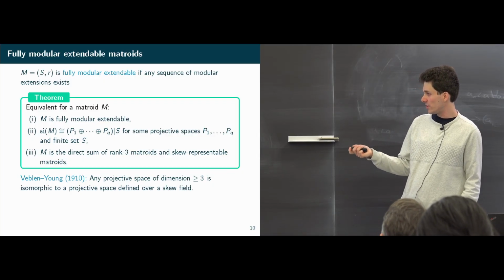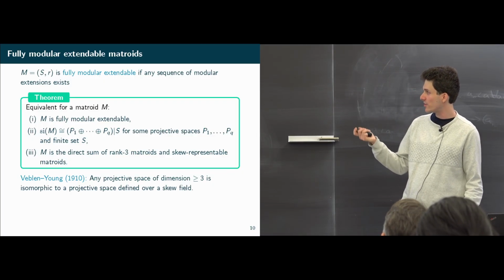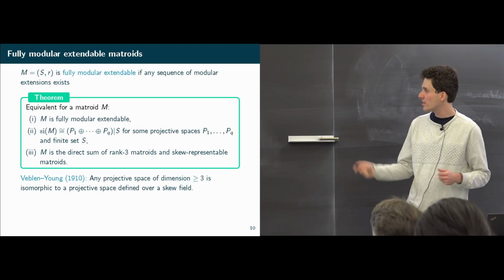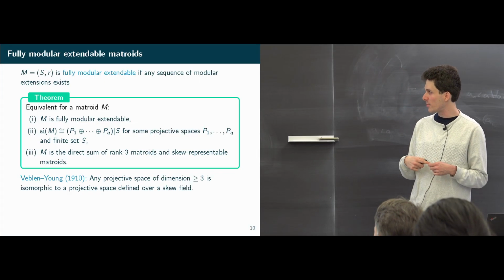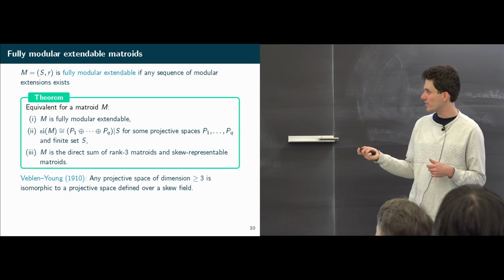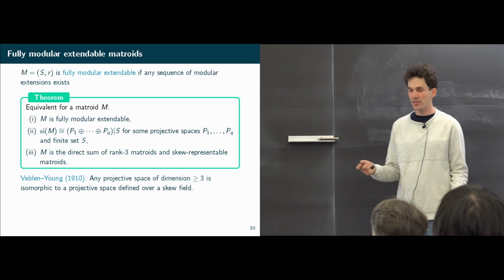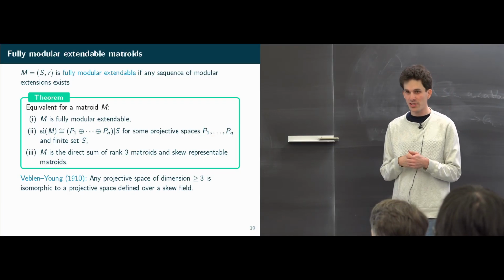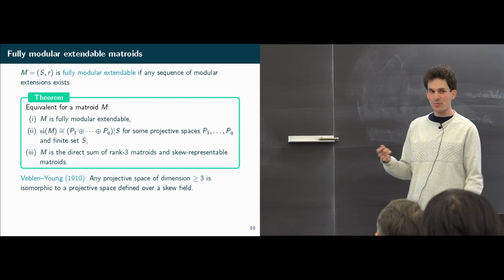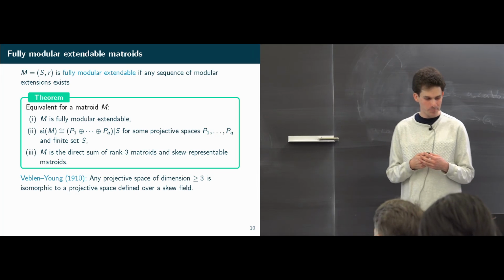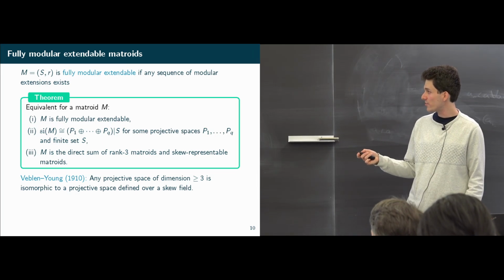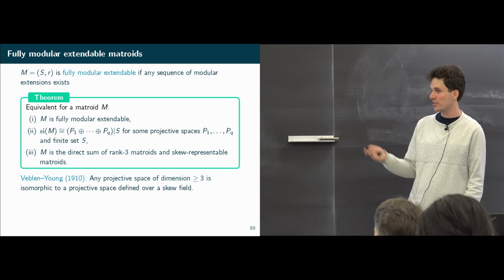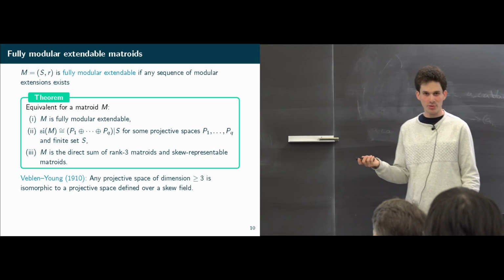Because using this geometry result, we have that this fully modular extension property implies that a matrix is the direct sum of rank 3 and skew-representable matrices, because it is the direct sum of some restriction of some projective spaces which are either representable or have rank 3. So we have almost a characterization of skew-representability using this fully modular extension property.